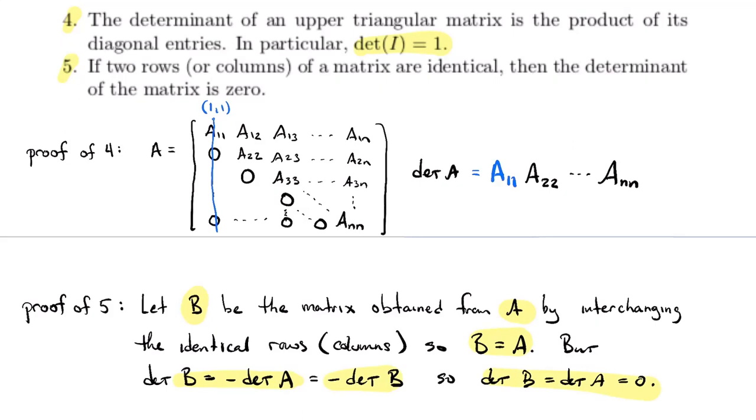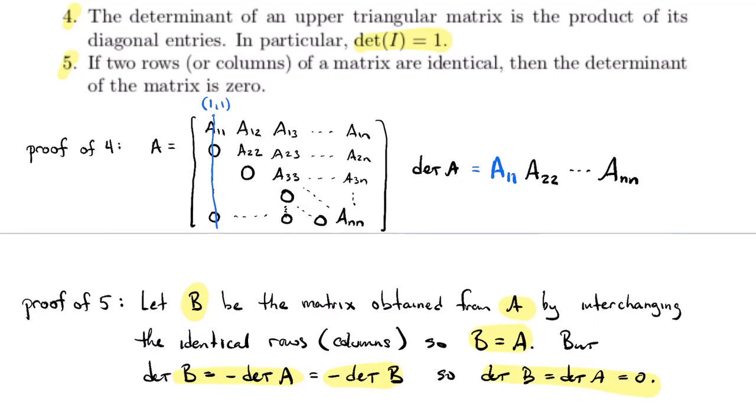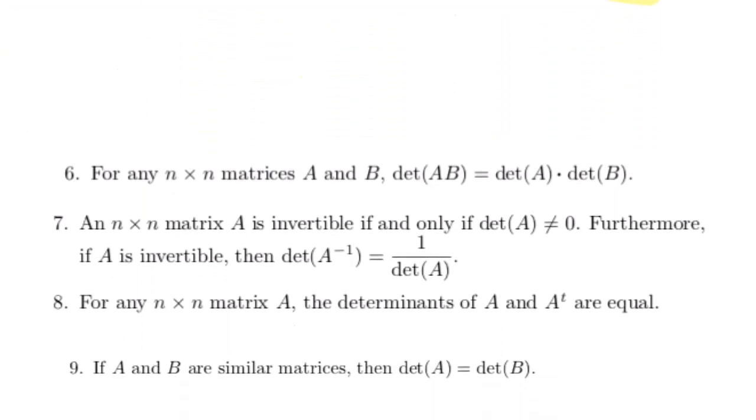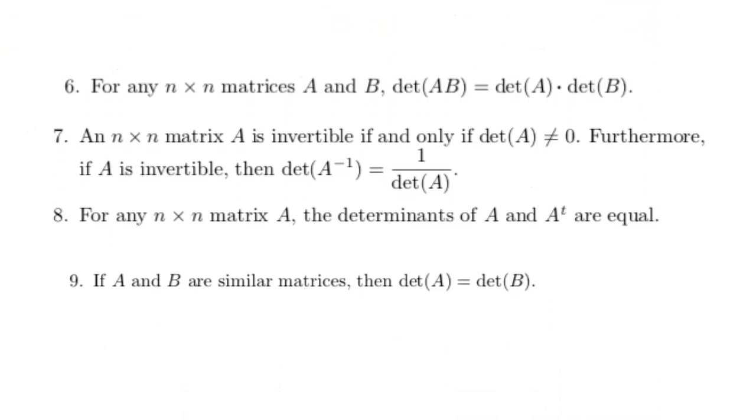You can think about cofactoring too. If you have a matrix that has a row or a column that's all zeros, the determinant has to be 0. You can prove that using an idea like this, or you could prove that using elementary row operations and so on. Nice. Okay, continuing along here.